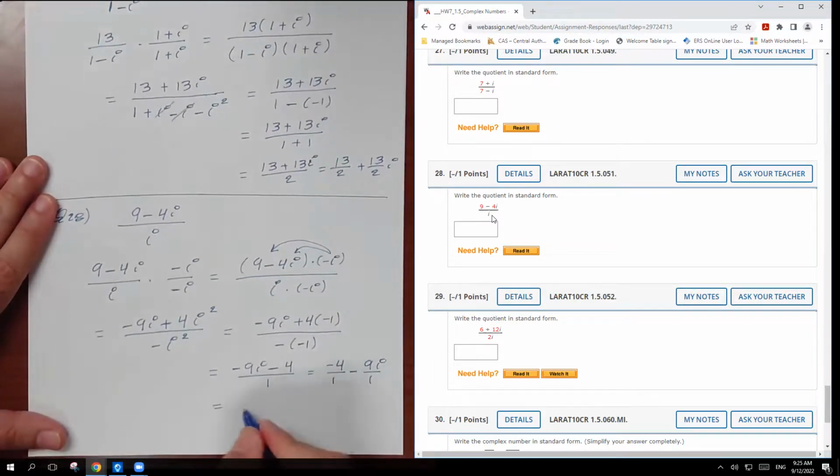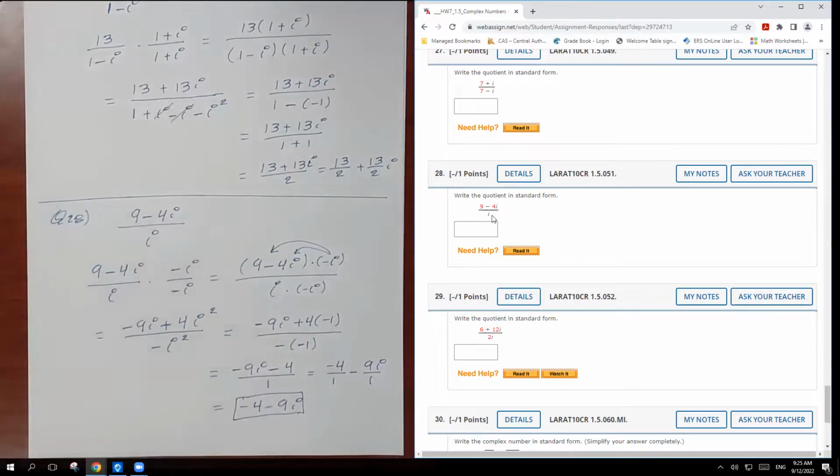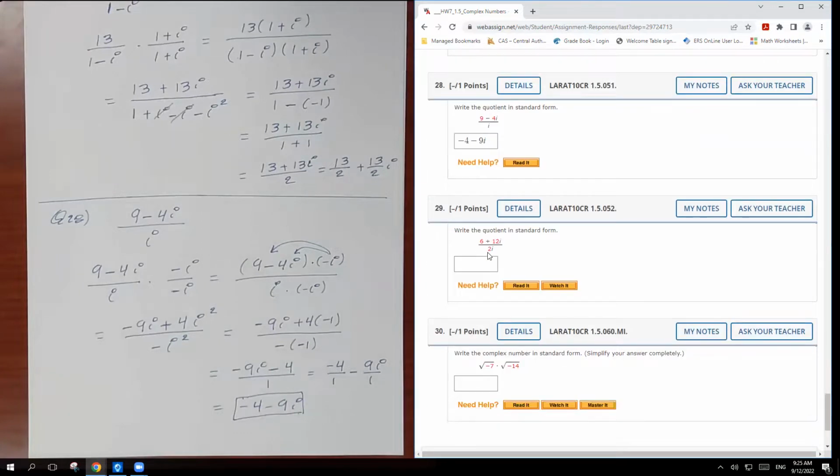So the final result is going to be negative 4 minus 9i. You don't have to write down the 1. If you have another number instead of 1, you have to write it down as a fraction. So on 28, we're just going to say negative 4 minus 9i. The same thing with 29, but we're going to multiply by negative 2i, negative 2i here and negative 2i here.